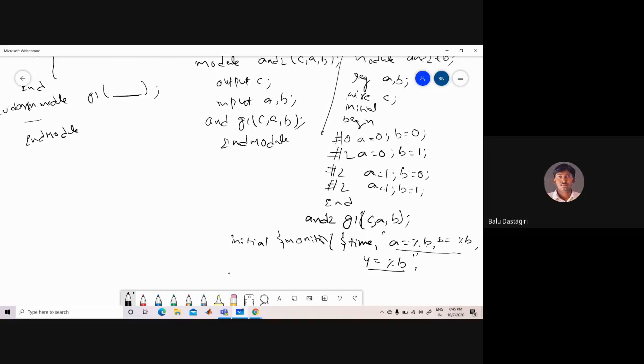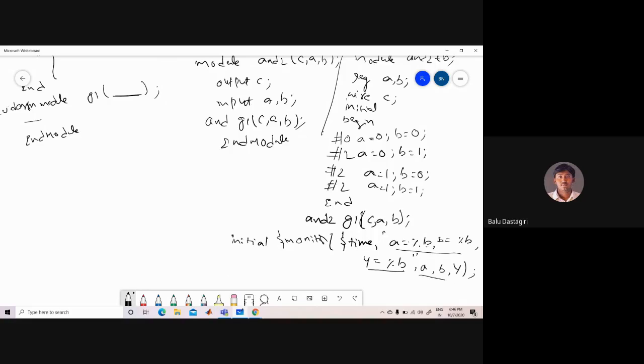Now we have to specify which value to plot: at A, I have to plot the input A; at B, the B value; at Y, the Y value. So A, B, comma Y. If you change the order to Y, A, B, the values will be printed first the output, then the input.